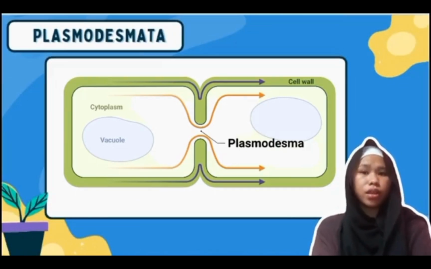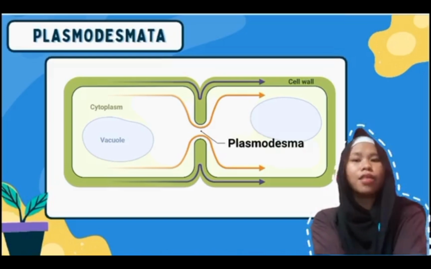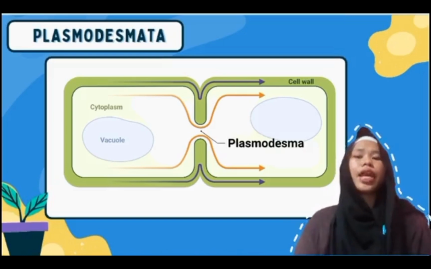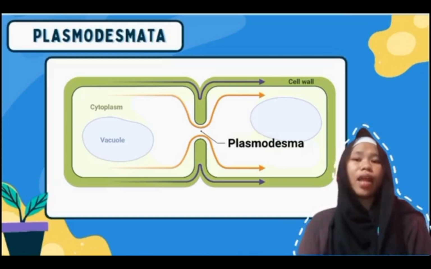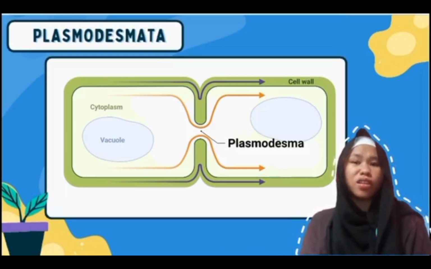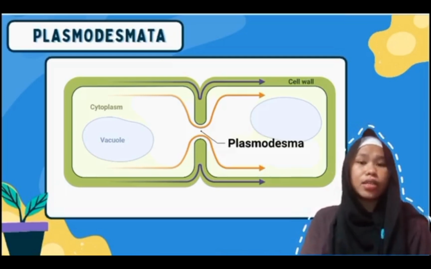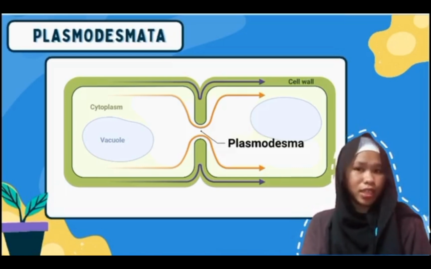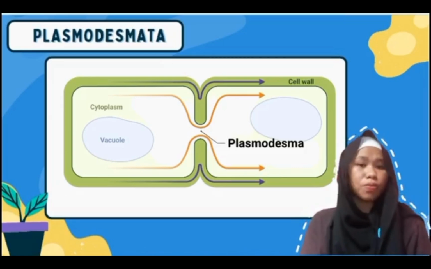The arrows indicate that substances can move through the cell wall, but not directly between the cell cytoplasm. And also there is a cytoplasm, the gel-like substance filling the cell, containing organelles and carrying out the cellular processes. The orange line illustrates the cytoplasmic continuity through the plasmodesma.